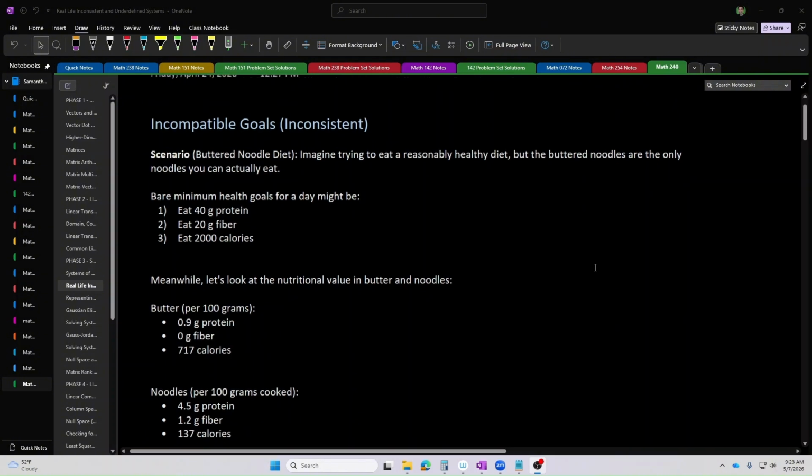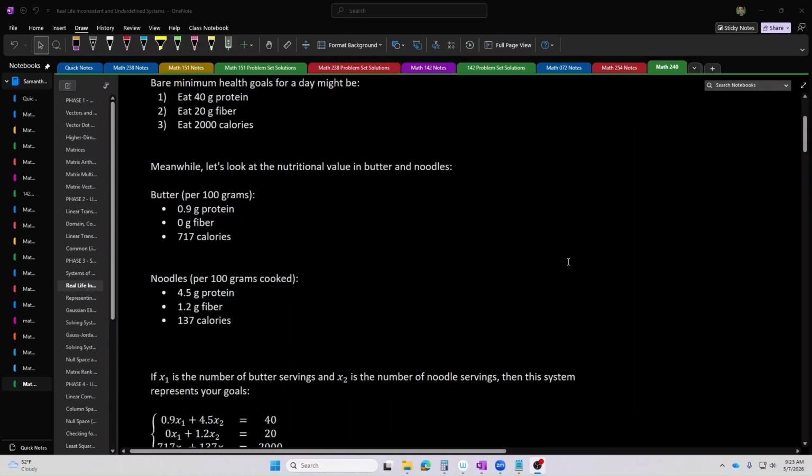Let's check it out. Well, if you look at the nutrition in a 100-gram serving of butter, that serving contains just about 1 gram of protein, no grams of fiber at all, and 717 calories.